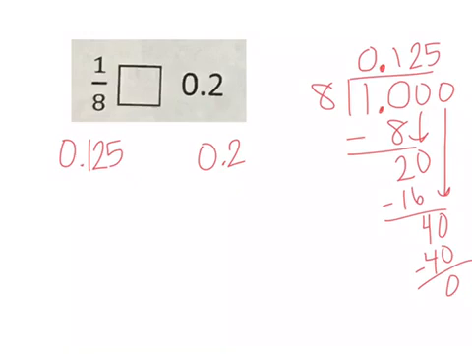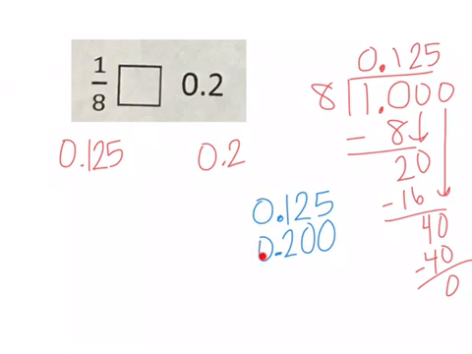And the best way that we've found to compare these is to line them up by their decimal. So I'm going to do that over here to the side again. So if I have 0.125 and 0.2, I'm just going to add some placeholder zeros here so they match each other. Now I'm going to look at one column at a time and see which one is bigger.